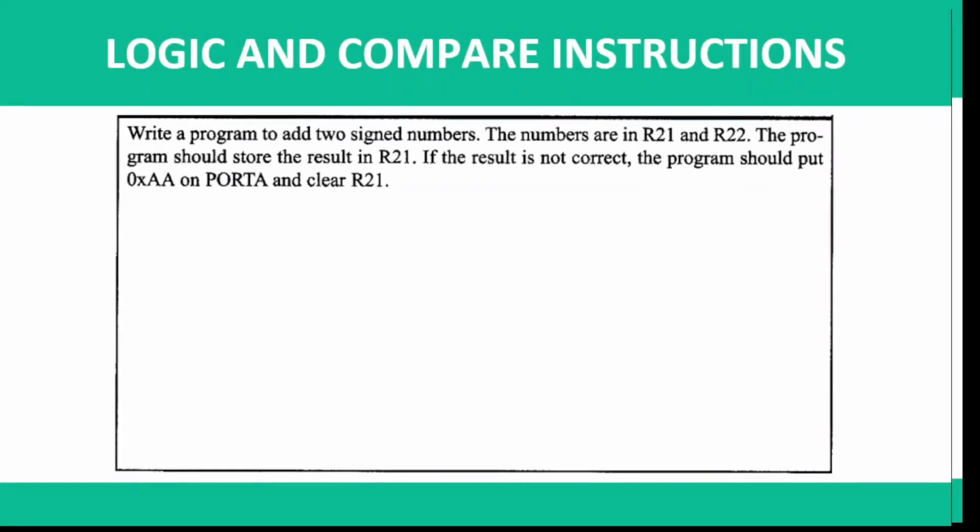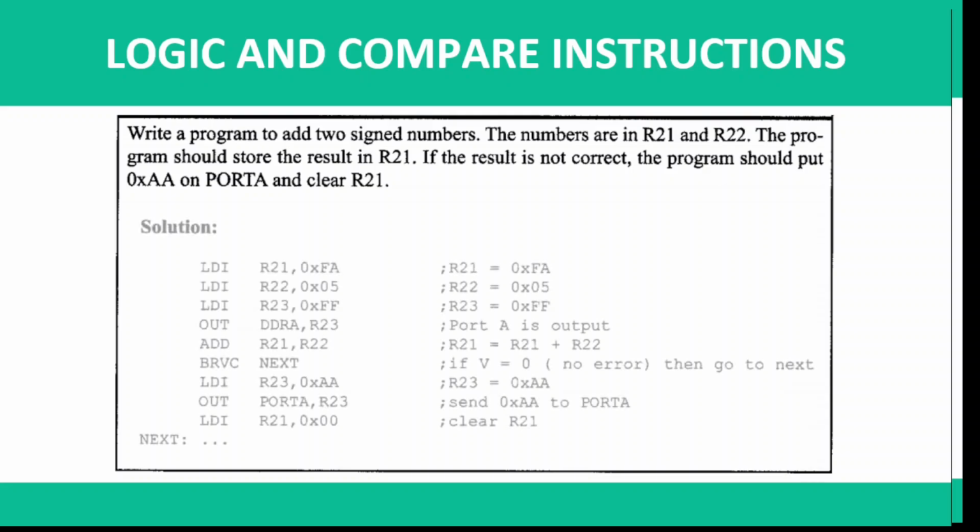So we have here an example: write a program to add signed numbers. The numbers are R21 and R22. So the program should store the result in R21. If the result is not correct, the program should put 0xAA on port A and clear R21.